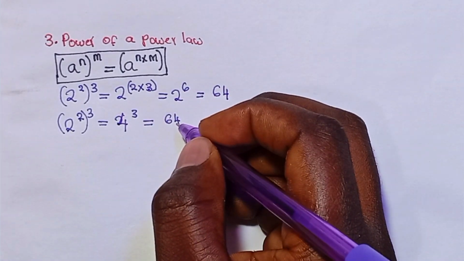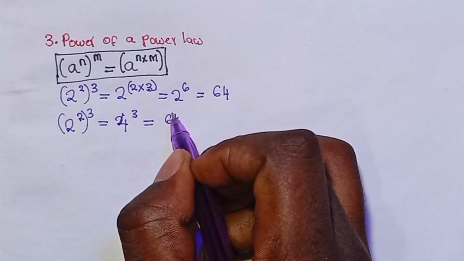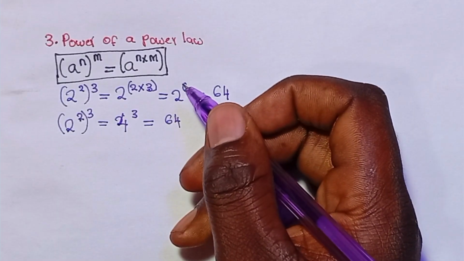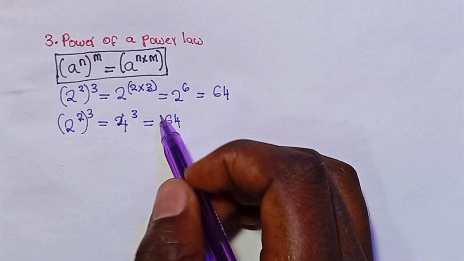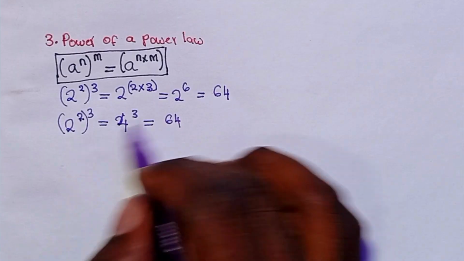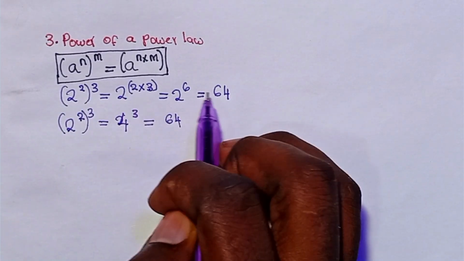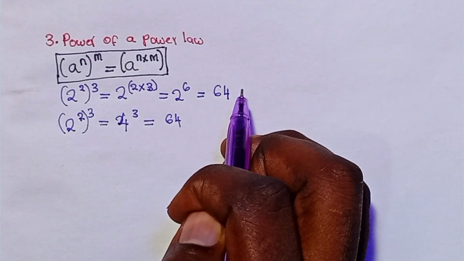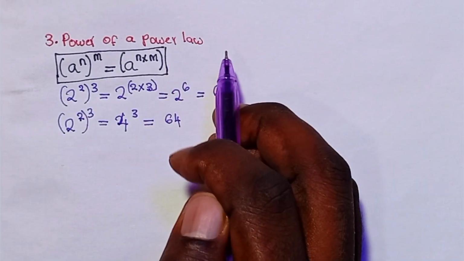But if it is a very large number, it will not be safe for us to just do this because the number will be very large. So this is just for illustration, but as you can see, this one is a bit shorter than this one. But if you are going to multiply with high values like trillions and billions, it is safer to use the power of a power law.